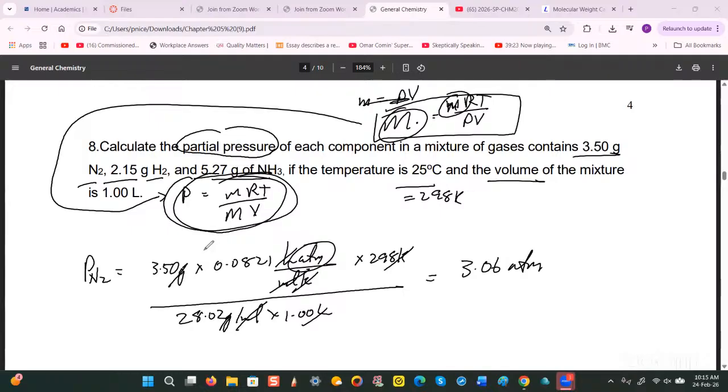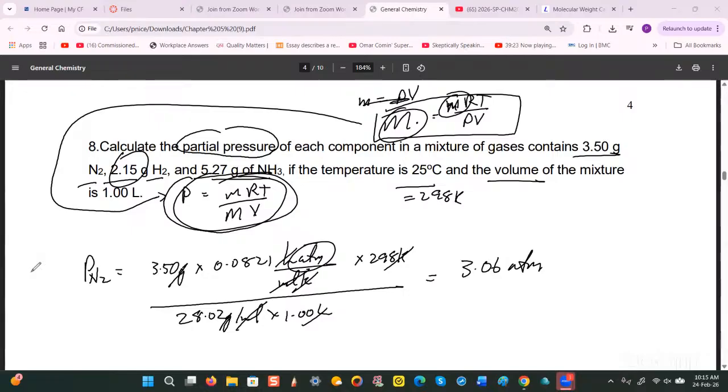The only different numbers you're going to use would be the mass and the molar mass of the different gases. For example, in the case of hydrogen, you're going to use 2.15 grams for the mass, and for the molar mass, it would be 2.016 grams per mole, and so on and so forth. If you have any problems while doing it, please feel free to contact me, and I'm more than willing to help you out.